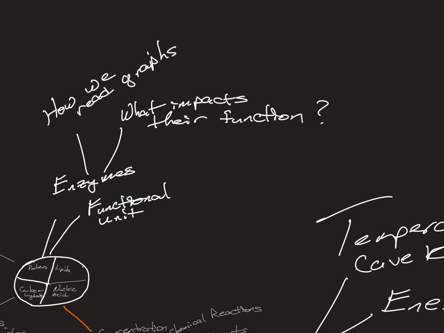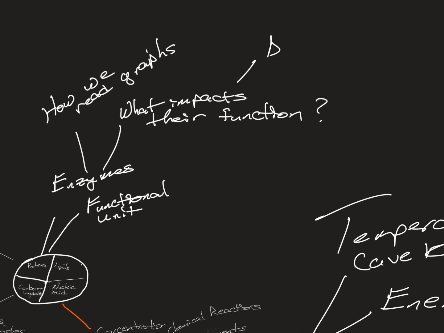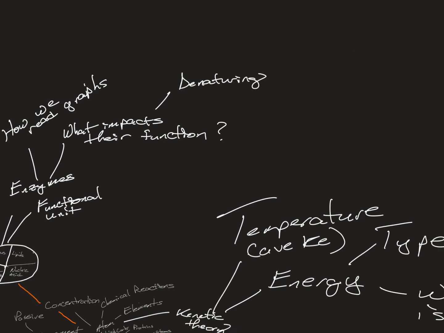We've talked about something called denaturing, which happens usually because of the three main factors that impact enzymes, which is pH, extreme pH changes, temperature, right?